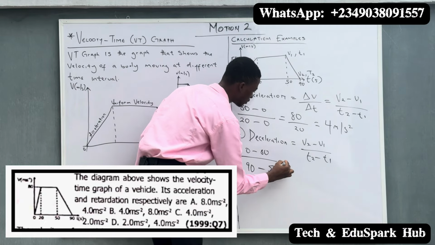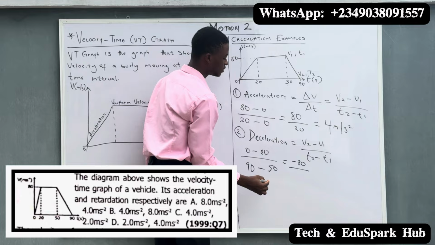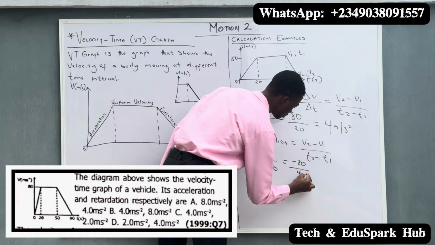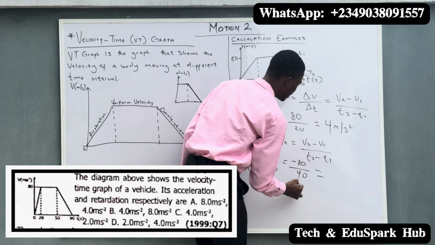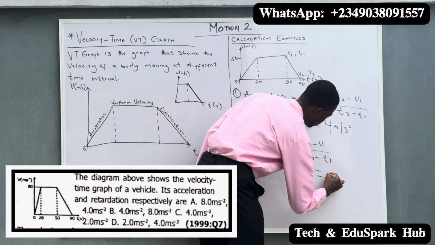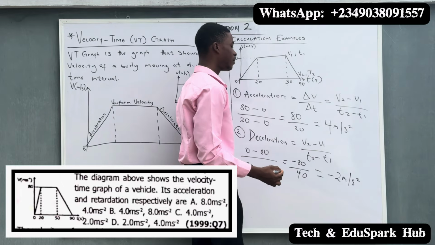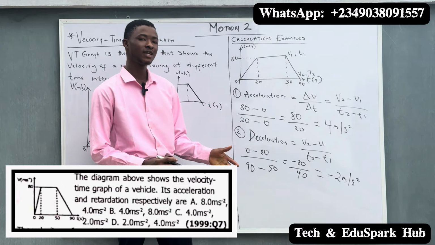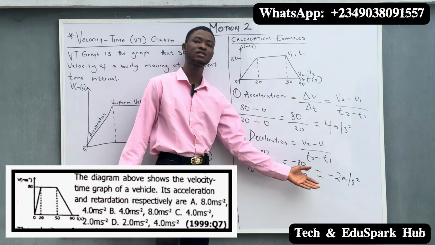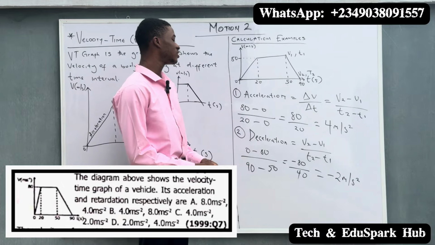When you calculate this further, we have minus 80 over 90 minus 50, which is 40. So our deceleration is 80 divided by 40, which gives 2. So we have minus 2 meters per second squared. Remember I told you that this minus just tells us the body is decelerating, a negative acceleration, so we ignore the minus.